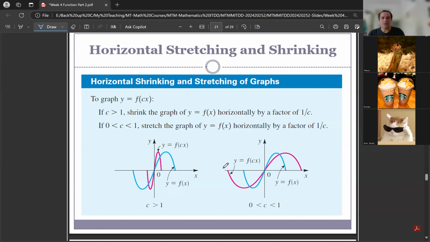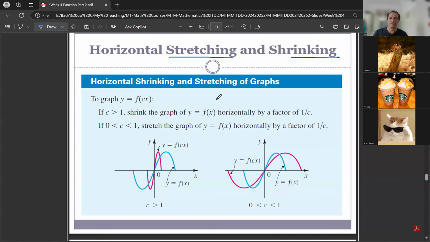Now we want to explore more about stretching. Actually, we have two kinds: stretching, or shrinking.